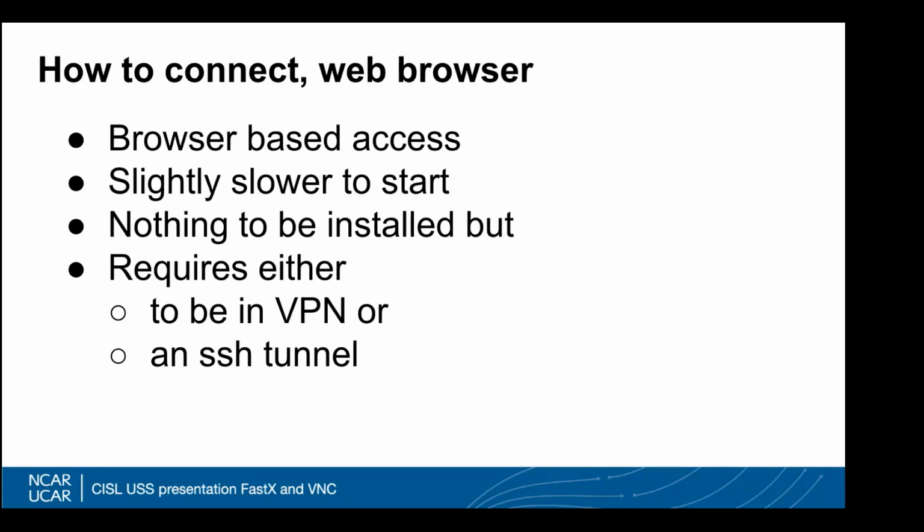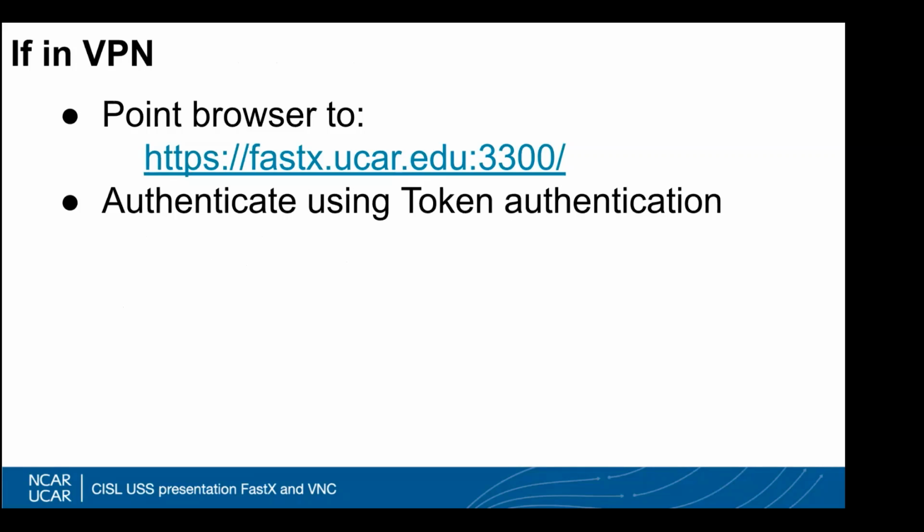There are benefits of using standalone native client access. That's what I'm trying to tell. So if you are in VPN, browser-based access is pretty straightforward. This is the URL. You can click this link or cut and paste this link, and from there you can go.